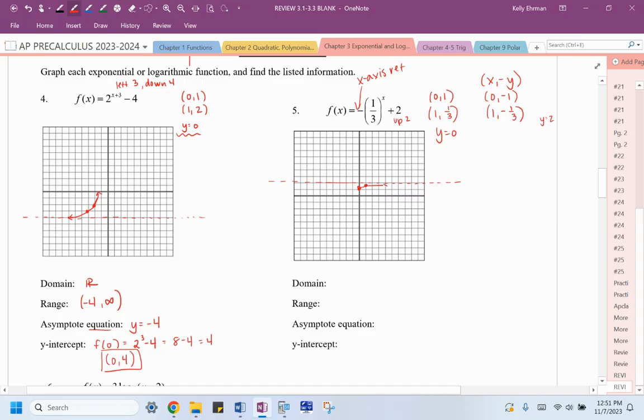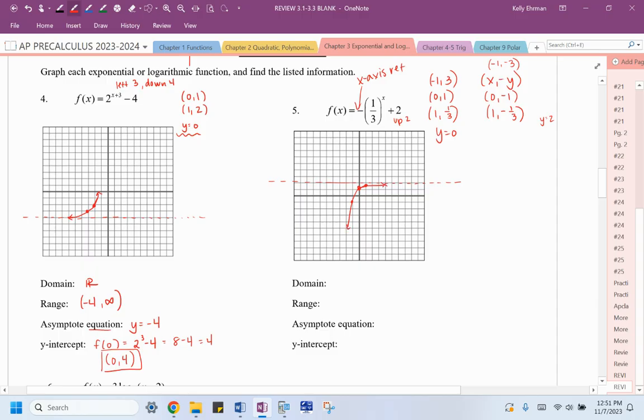It's kind of a hard one to sketch in. Again, if you wanted another nice point, -1, 1/3 to the -1 is 3. So then this would become -1, -3. And then you go up 2. If this helps you with the curvature at all, it's kind of hard to see on that one.